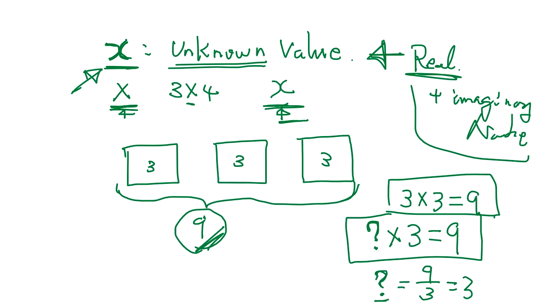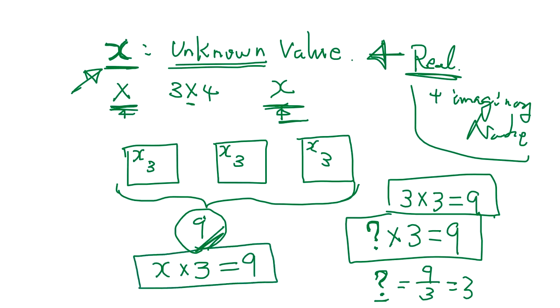Suppose we have x number of balls, the same number for each box, and we have 3 boxes, multiplied by 3 becomes 9. So the problem can be written directly as a math equation like this, right? So this x is the unknown value.